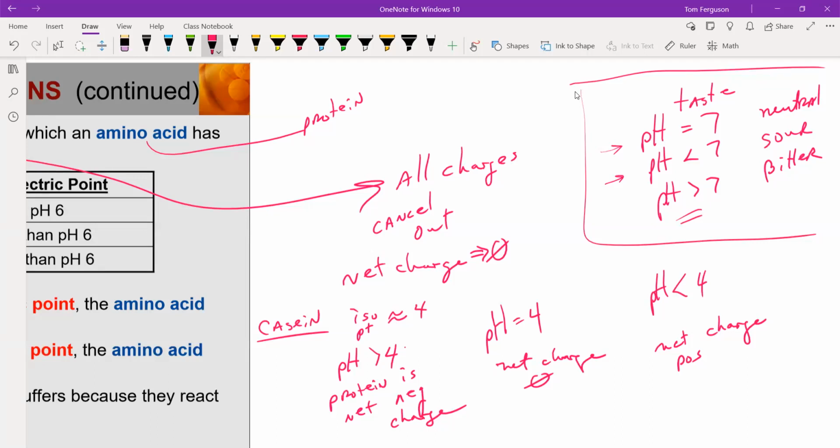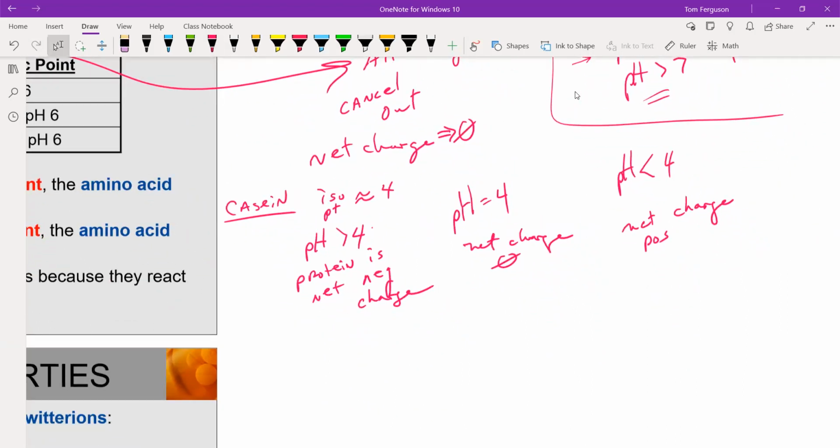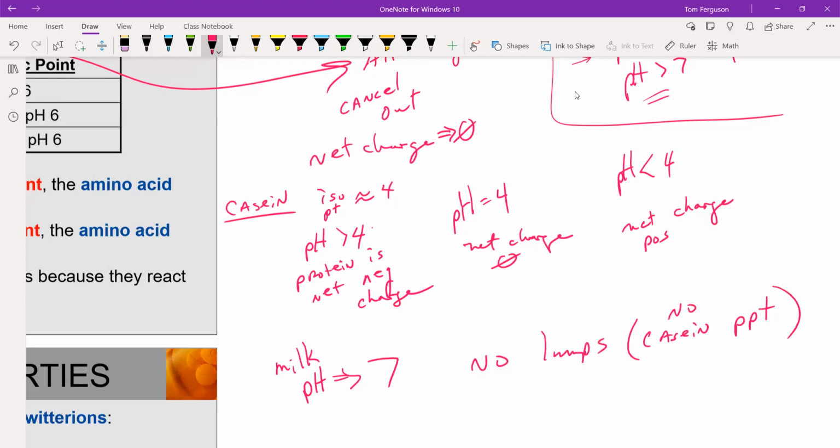Okay, so let's go back to our milk now here. You take your milk out of the fridge and it tastes fine. There are no clumps. That's because there are no casein lumps or casein precipitates.